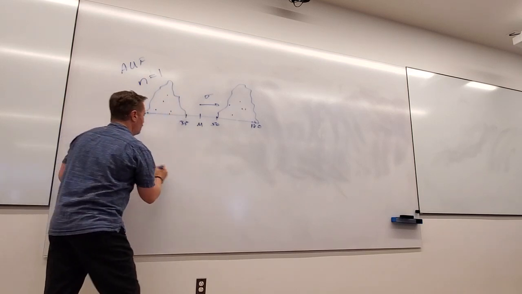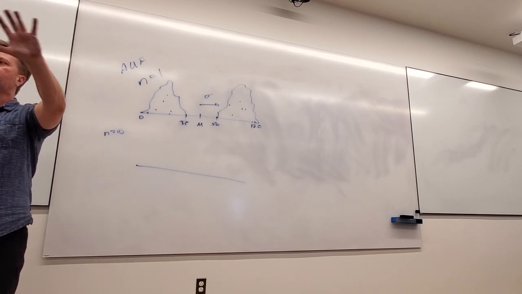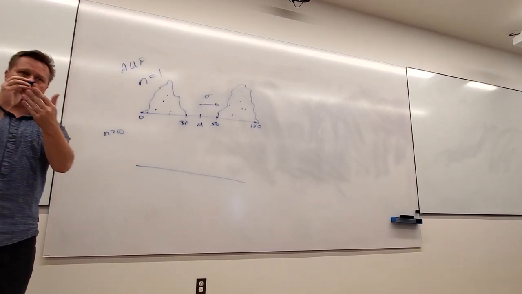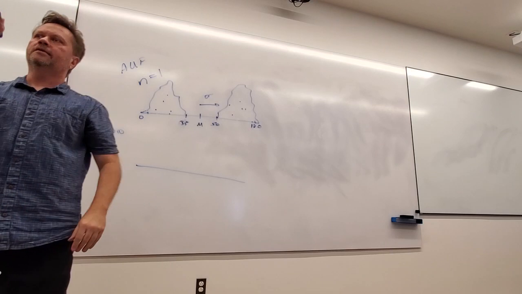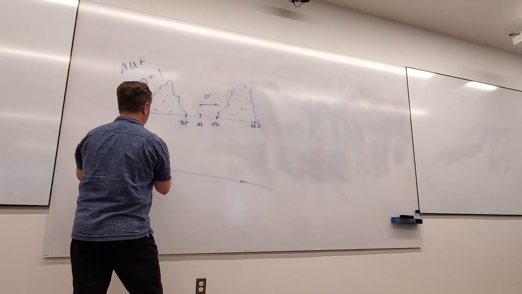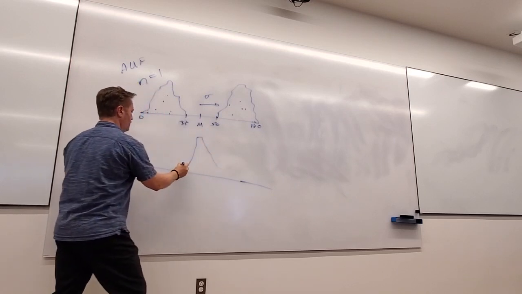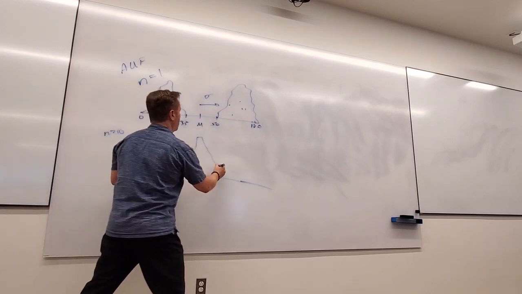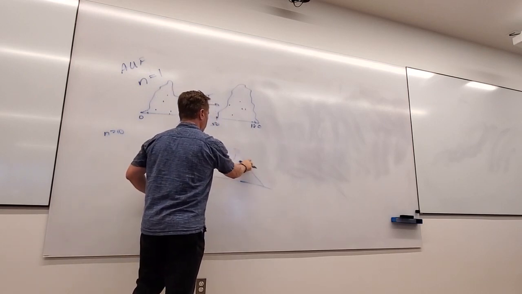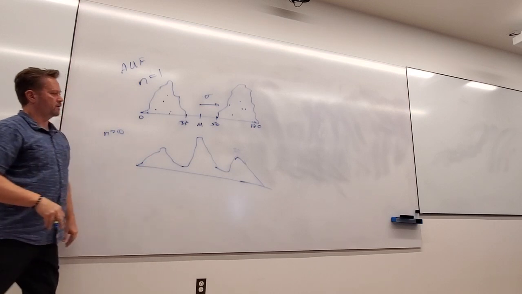Therefore, if I were to plot every group of size 10 I could possibly take, and I get their average and plot it, I'm just going to draw this. The highest point would be here. And then there would be a little bump here and a little bump here. It doesn't matter, it's just an alternate universe thing.